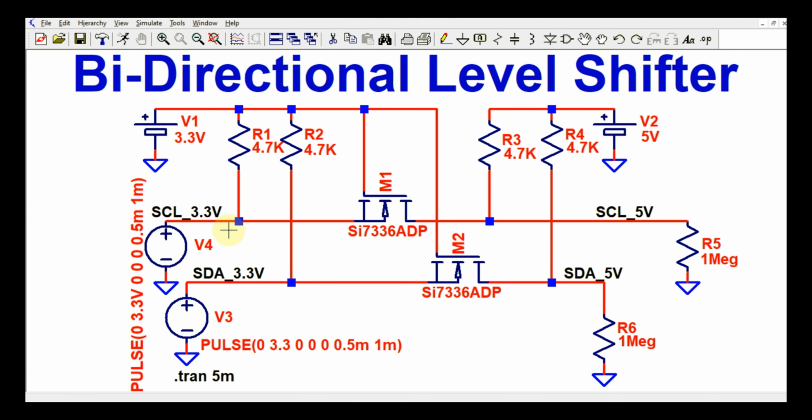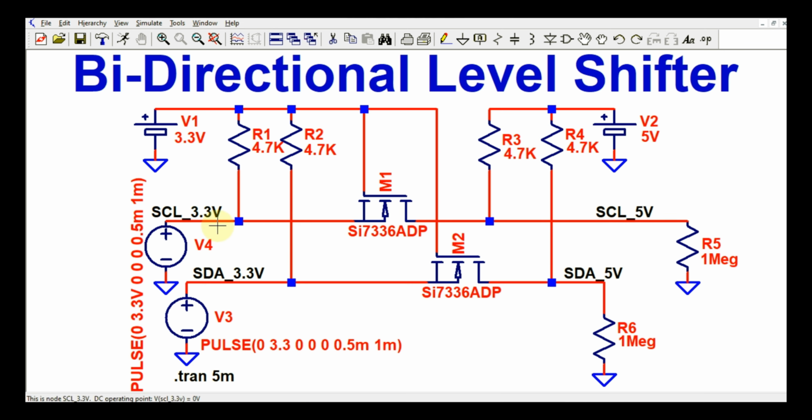So this is going to be a very interesting topic today, to understand how this bidirectional level shifter works. That means one side is converting from 3.3 volt to 5 volt and 5 volt to 3.3 volt.